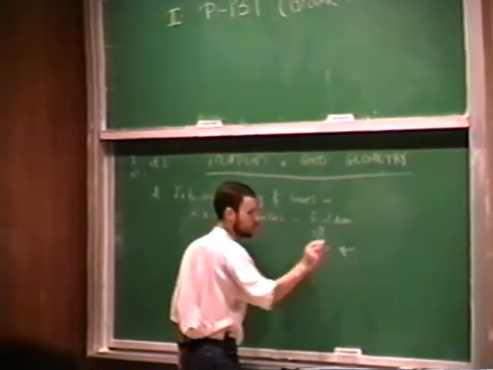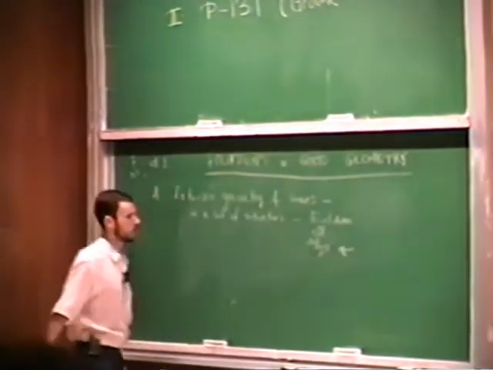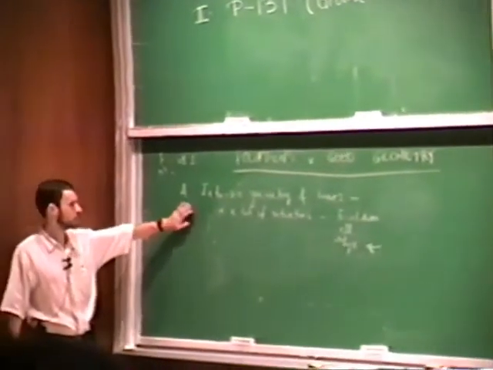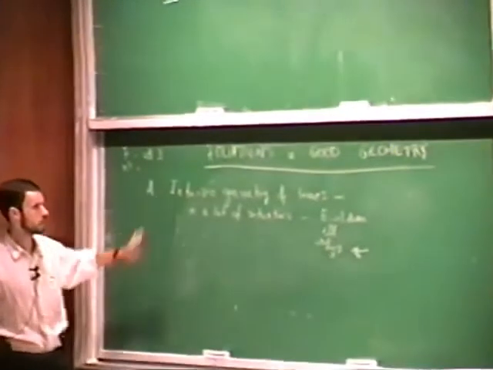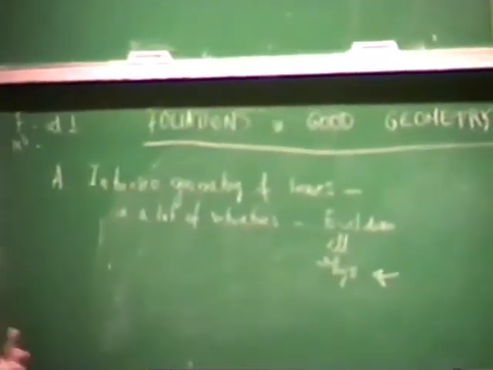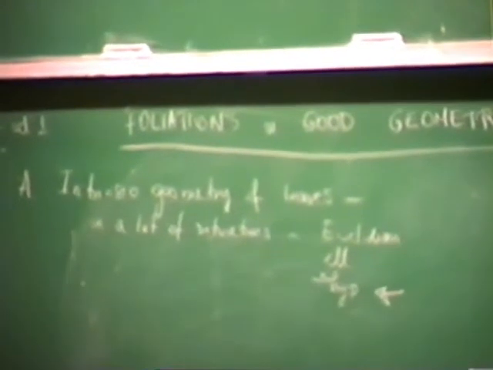And this is the most common case. Etienne Ghys is going to talk about this and other things, but he's certainly going to mention that this is related to the uniformization of foliations. So this is the intrinsic structure of the leaves.